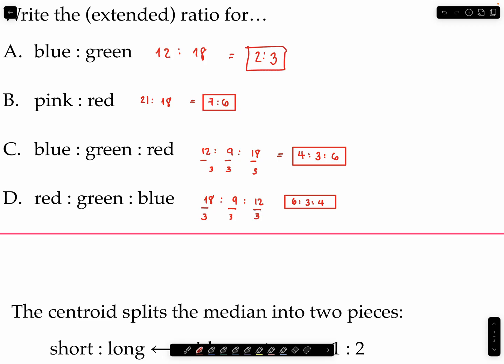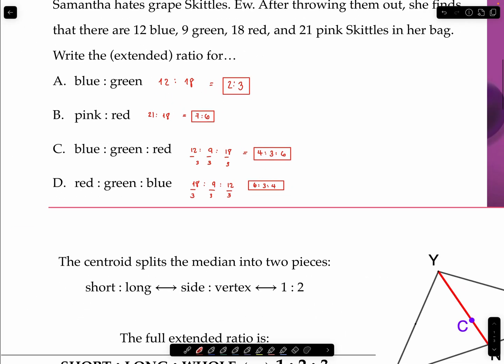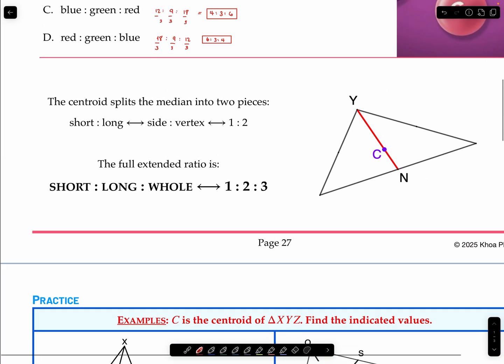And this is the important part. We were talking about ratios because the centroid splits the median into 2 pieces. There's a short piece and a long piece. The short piece comes from the side towards the centroid. So I'm going to label this one here as short. And the long piece comes from the vertex to the centroid.